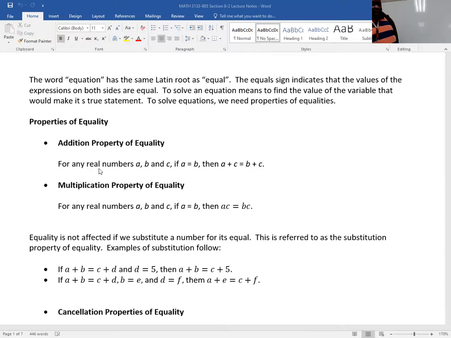If I have any real numbers A, B, and C, if A is equal to B, then I can add the same constant on both sides, and that constant can be either positive or negative. And it's still going to be a true statement. Or if I multiply both sides by some constant C, for A is equal to B, then A times C is going to be the same as B times C.